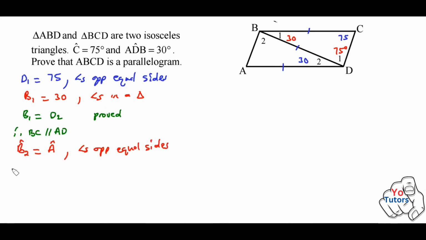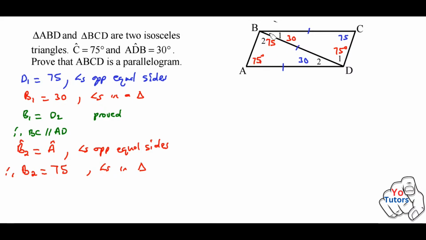So in that case, we can now say B2 will be equal to 75. Now when you get B2 equals 75, these are also angles in a triangle. B2 is 75, and here A is going to be also 75.